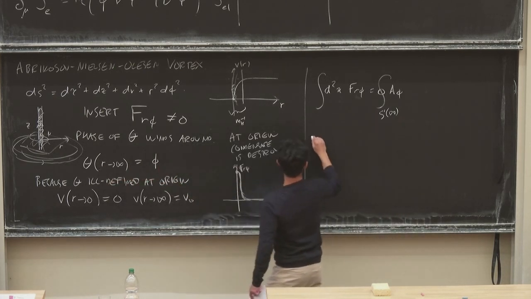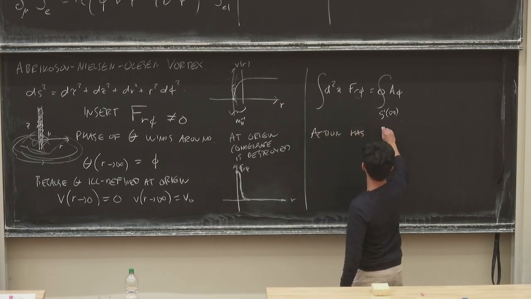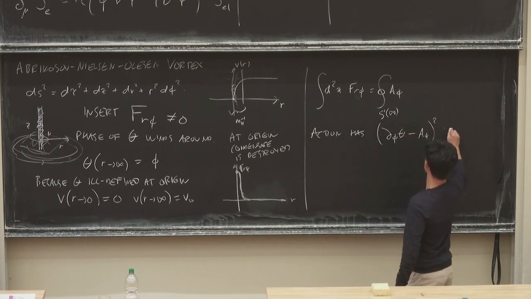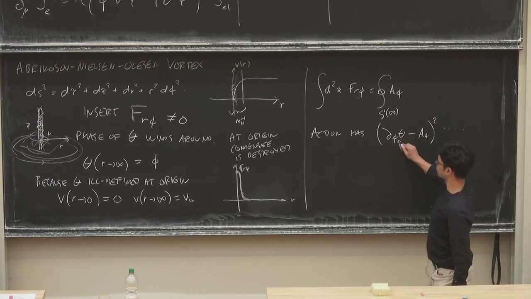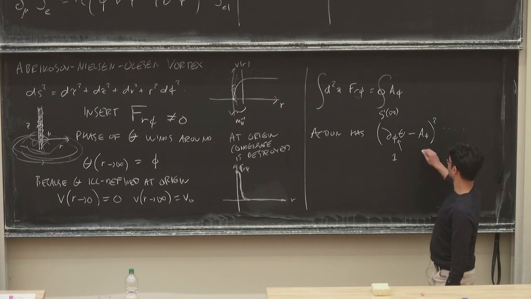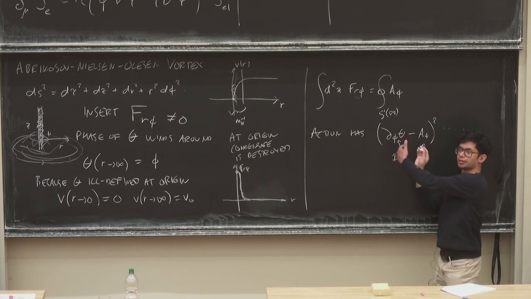My action has a kinetic term which looks like (∂_φθ − a_φ)². There's a term like this, right? ∂_φθ from there is equal to 1, which means that a_φ must also be 1. Otherwise, this will contribute a huge amount to the action.